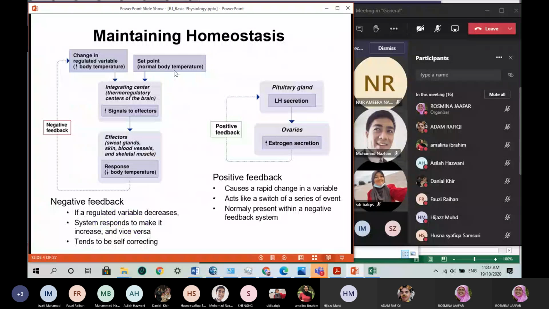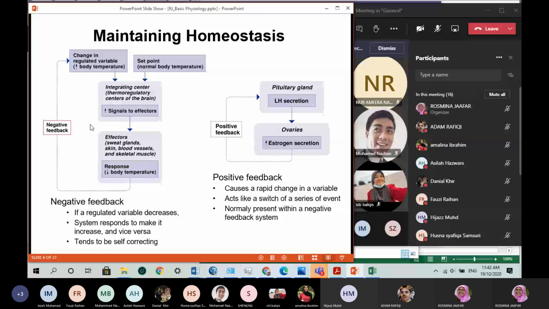To maintain homeostasis, we have negative feedback, and this negative feedback is a regulated variable. When a variable is decreased, the output will be opposite to the input, and the system responds to make it increase, or vice versa. It tends to be a self-correcting action.